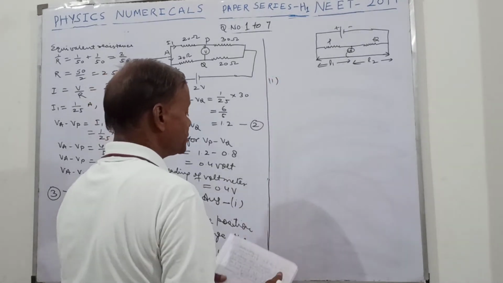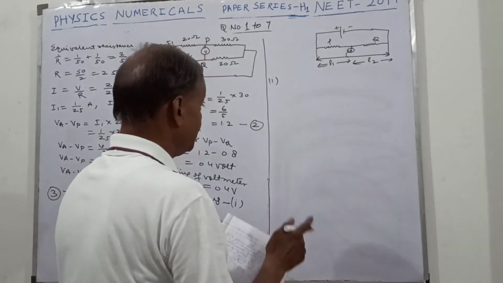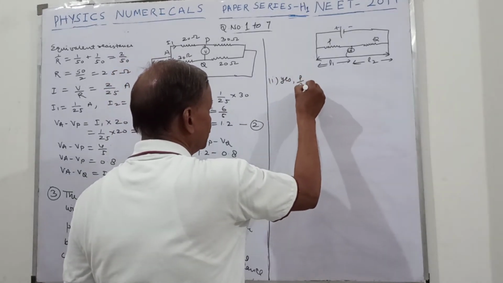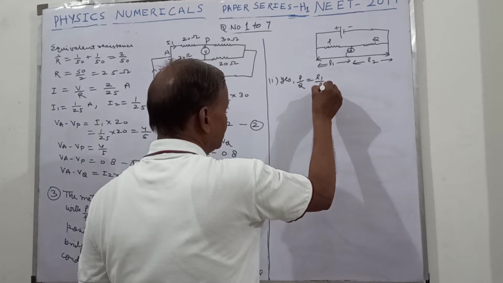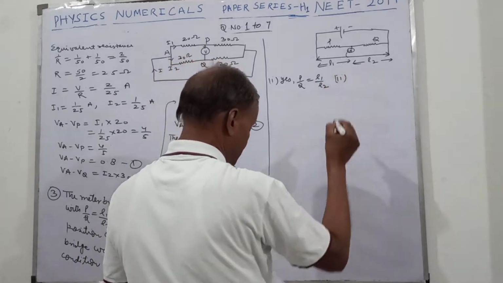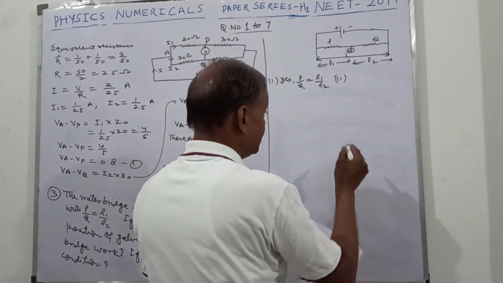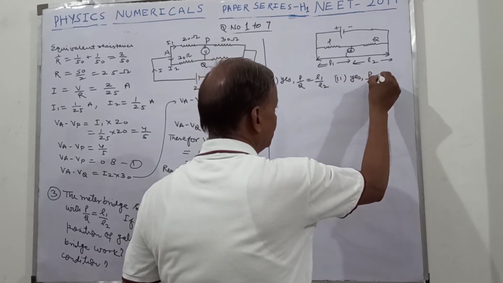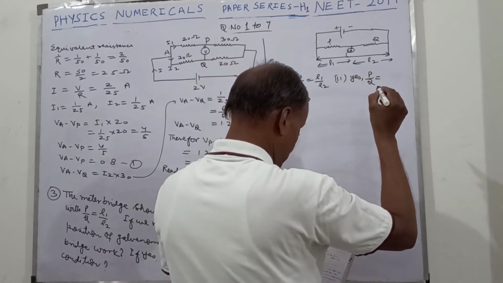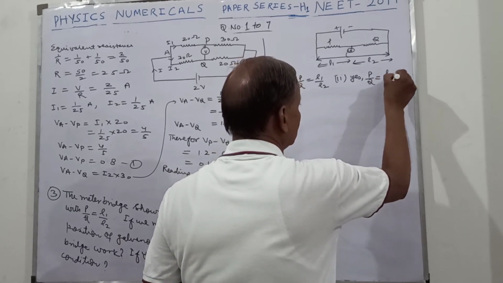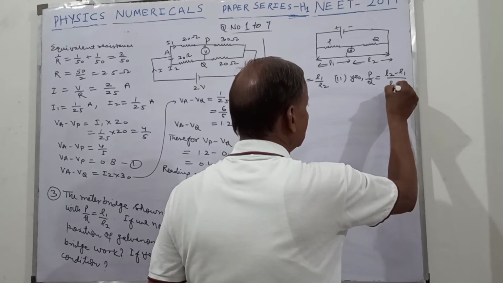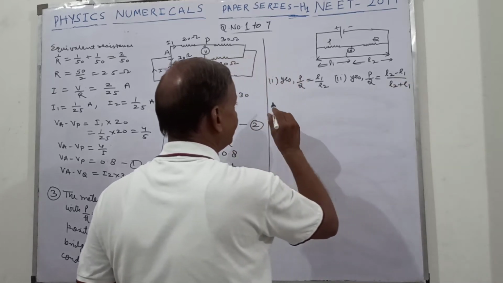the first option is yes, P upon Q equal to L1 upon L2. Second, yes, P upon Q equal to L2 minus L1 upon L2 plus L1.